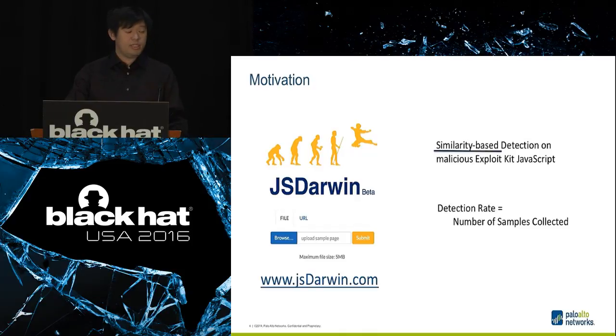The detection rate depends on the number of samples collected. However, exploit kits may apply various techniques to prevent researchers and engineers from getting a large sample set. So we want to rebuild the obfuscator, which can eventually be used to boost a large sample set.